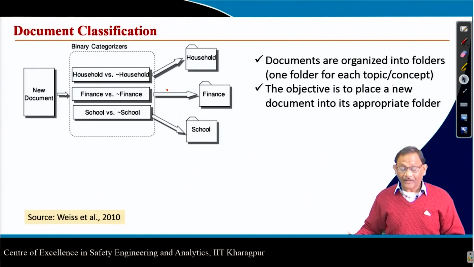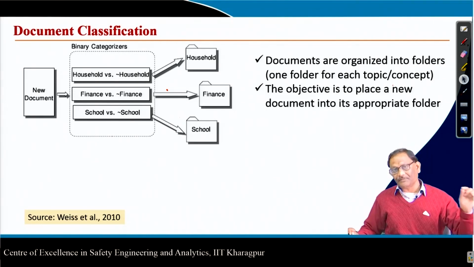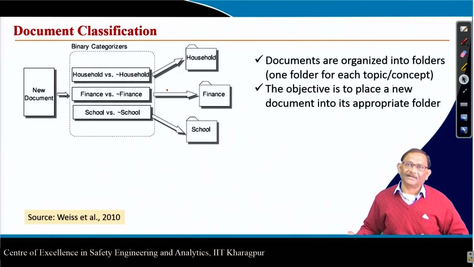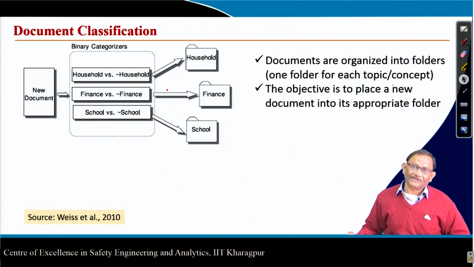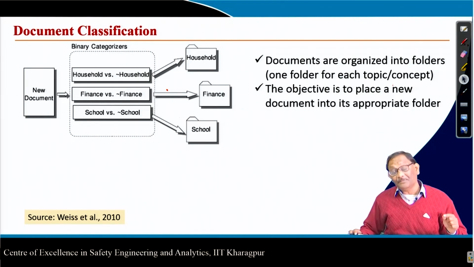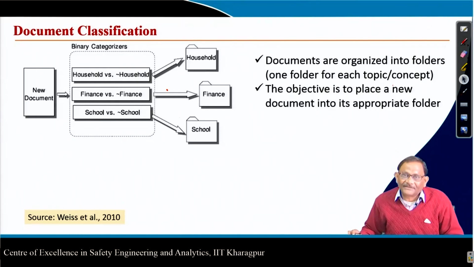What is required here is that I know what document is coming from where, and I know a priori how many classes there are. I want to develop an algorithm which ultimately classifies a new document and puts it in the appropriate folder. So that may be the case.